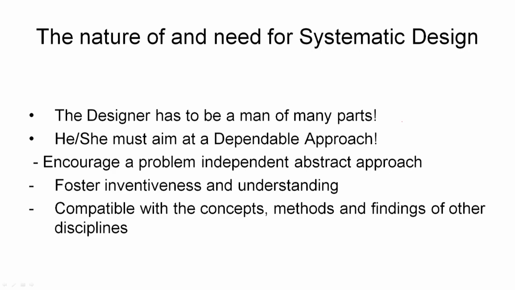So, the nature and need for systematic design is that the designer has to be a man of many parts, and he or she must aim at a dependable approach, encourage a problem-independent abstract approach, foster inventiveness, and be compatible with concepts, methods, and findings of other disciplines. That is needed.